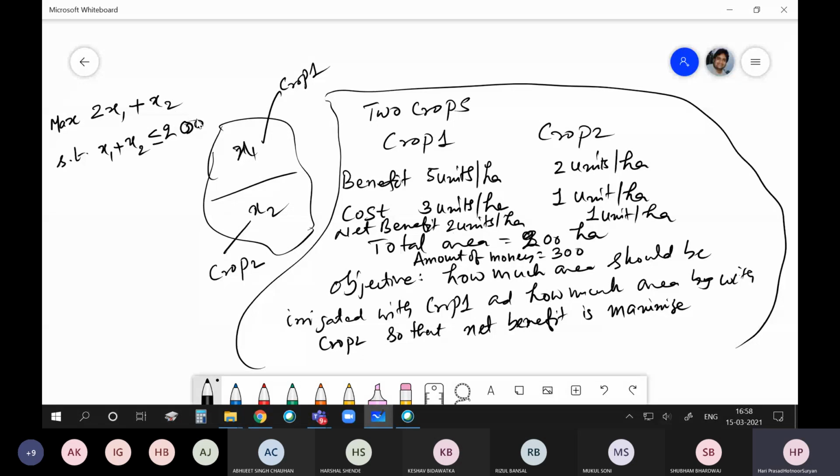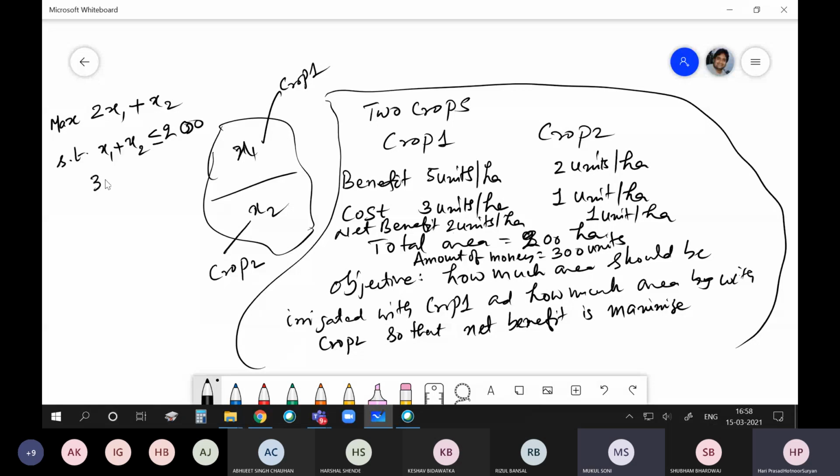And what else? What is the other constraint? The total money available is 300 units. What will be the second constraint? 3x1 plus x2, because the cost is 3 units per hectare you have to spend.